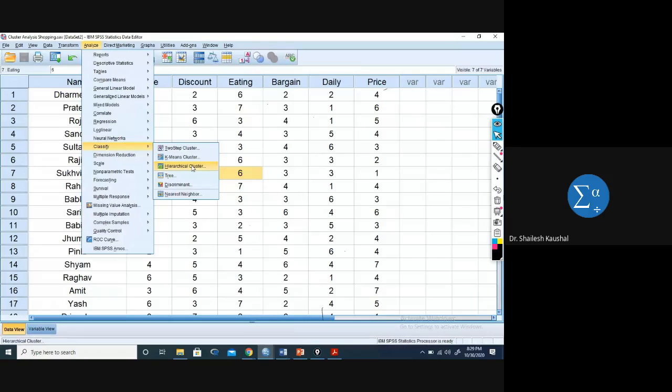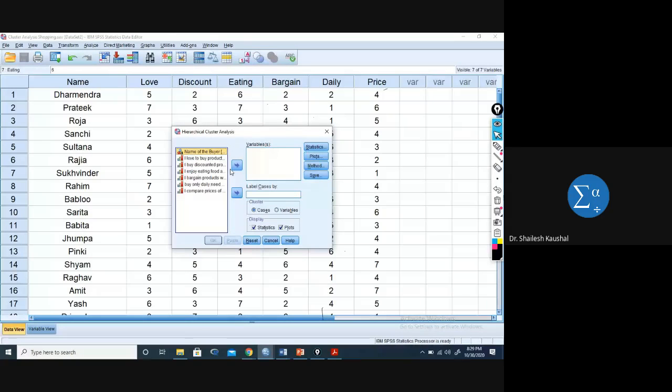Okay, so this is the root: analyze, classify and hierarchical cluster. Now what will we do? Here we will select all these 6 questions and transfer them into this variable box. And label cases by name, I am giving the name of the student.